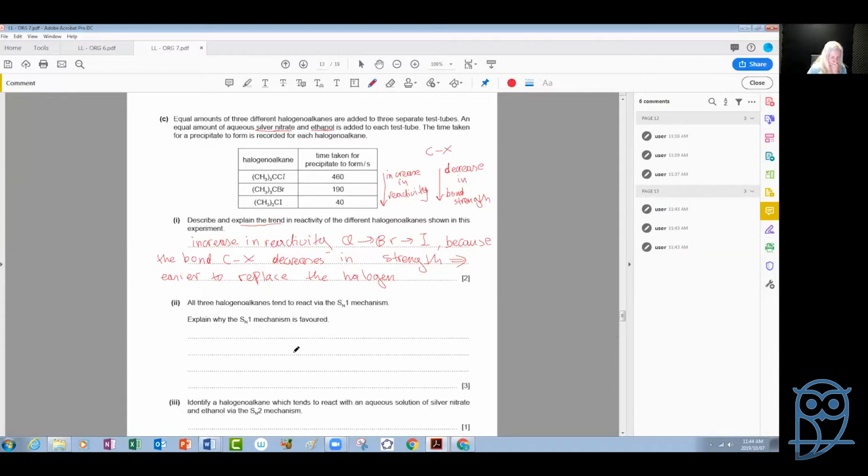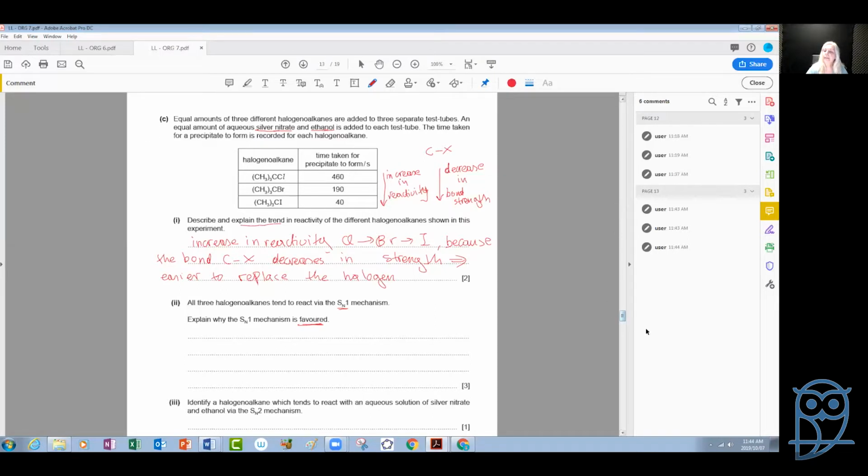All right, now the next question says, all 3 halogenoalkanes tend to react via this mechanism, the SN1 mechanism. Explain why this mechanism is favored. This is a very important question, and we're going to see it very often when we look at the mechanisms of halogenoalkanes.